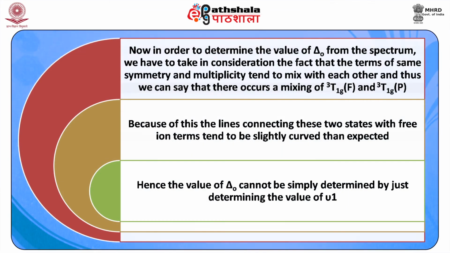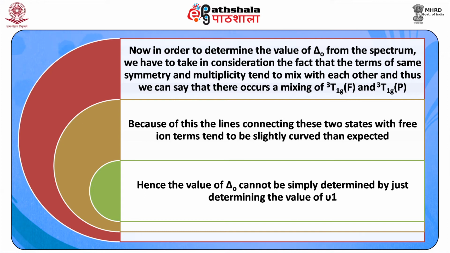Now, in order to determine the value of delta naught from the spectrum given, we have to take into consideration the fact that terms of the same symmetry and multiplicity tend to mix with each other, and thus we can say that there occurs a mixing of triplet T1g(F) and triplet T1g(P). Because of this, the lines connecting these two states with free ion terms tend to be slightly more curved than expected.